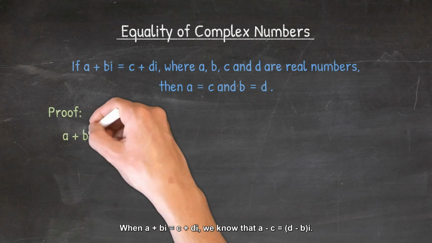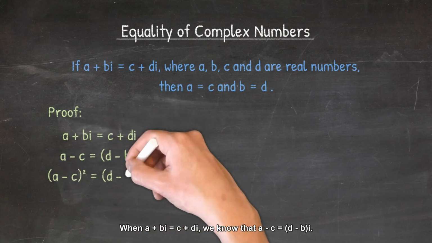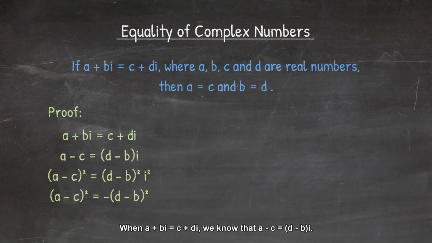When a plus bi is equal to c plus di, we know that a minus c is equal to d minus b times i. After squaring both sides, because i squared is equal to minus 1, we can get that a minus c squared is equal to minus d minus b squared.